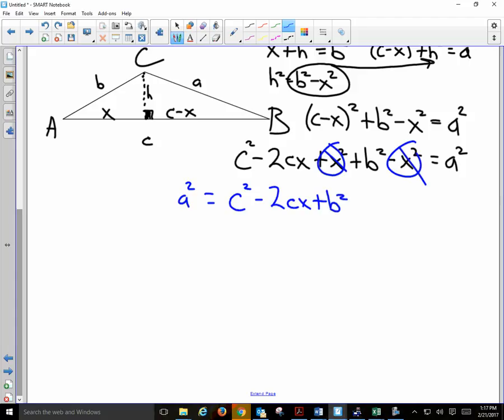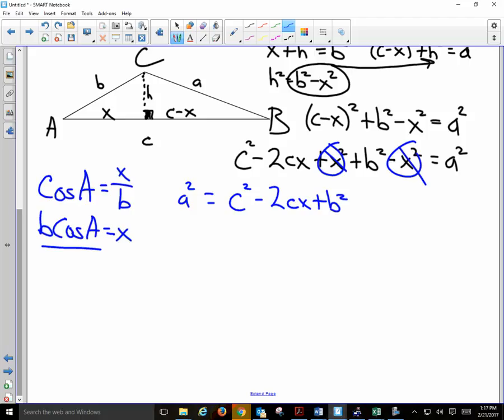We need an angle. Cosine of A. Very good. Cosine of A is equal to X over B. Can we then solve for X? Yeah. B times the cosine of A is equal to X.